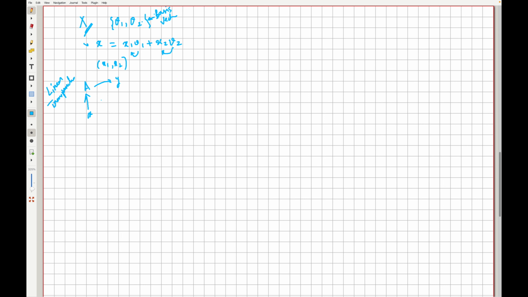And so today in this video, what we are going to look at is how to write this transformation matrix. So just as we had the basis vectors in X, we can also pick basis vectors for Y, which is this output space, right?